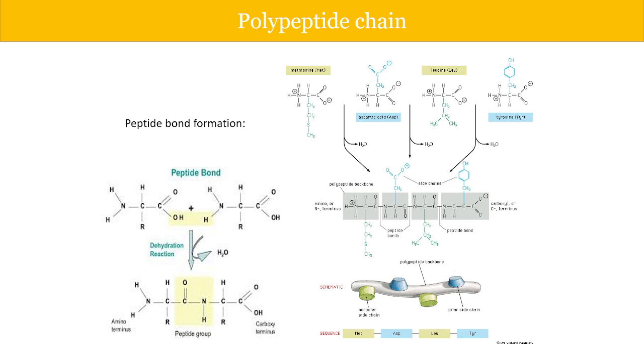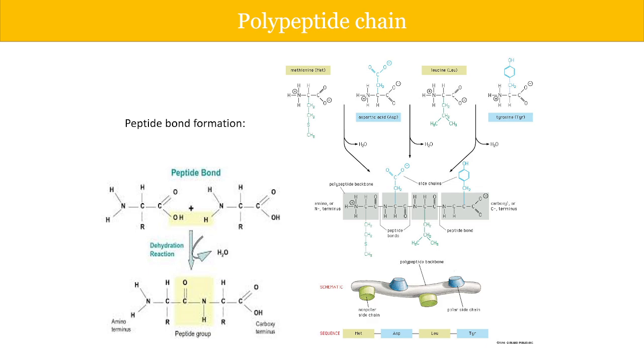For a linear chain of n amino acids, n minus 1 water molecules are released. For a cyclic construct, n water molecules are released, meaning n peptide bonds are formed.